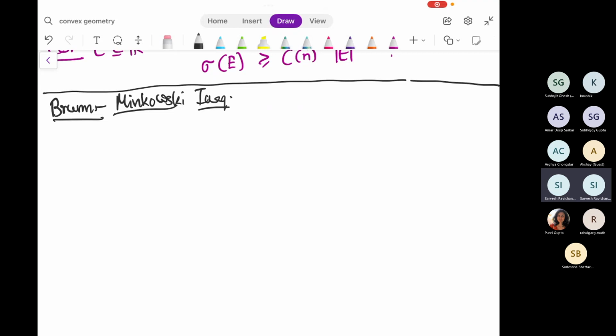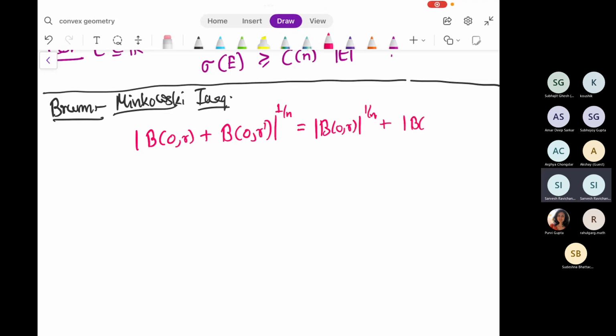Now, how do we motivate the Brunn-Minkowski inequality? It is motivated by the fact that not only is the ball isoperimetric, but there is another way in which it has a certain optimality. If you take any two balls of radius r and radius r', you take their Minkowski sum and take the volume to the power 1/n, where you're taking balls in R^n, then it is in fact equal to the volume of B(0,r) to the power 1/n plus the volume of B(0,r') to the power 1/n, for all r and r' greater than or equal to 0.